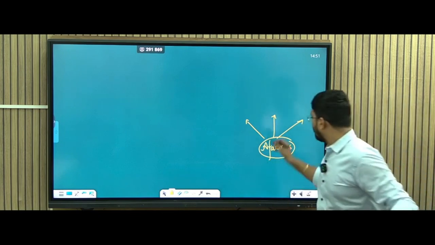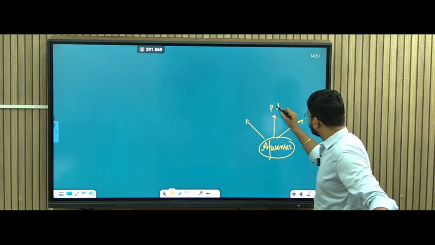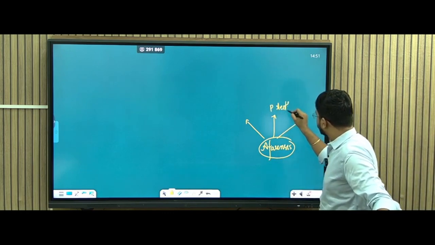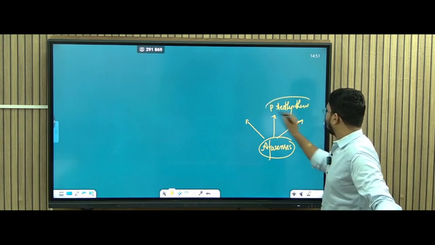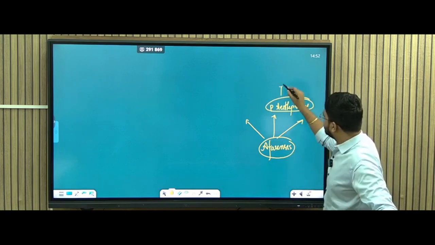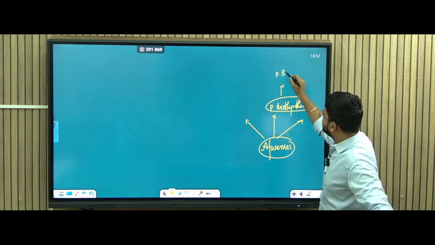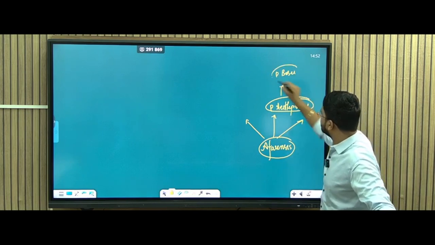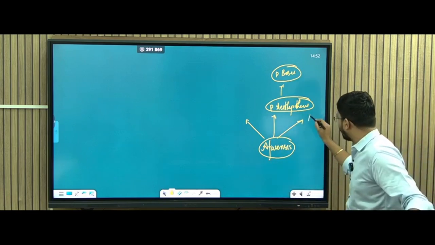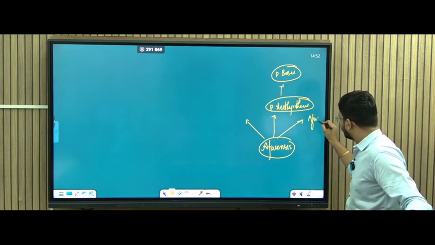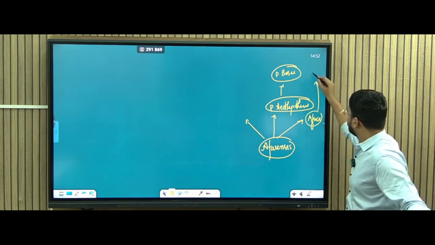So here Paranthropus, Pithecus means ape, and then it gives rise to Paranthropus boisei. This is one line, which is the additional line. In the other, you have africanus, and this gives rise to robustus.